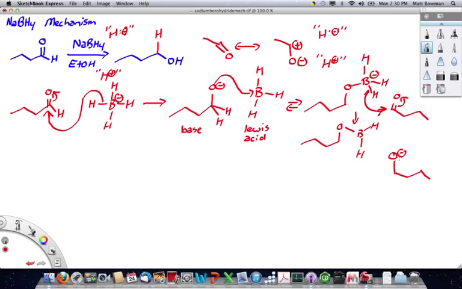And then again, we have a Lewis base, Lewis acid situation, and that can add reversibly. We generate another hydride species, which goes and finds another carbonyl.